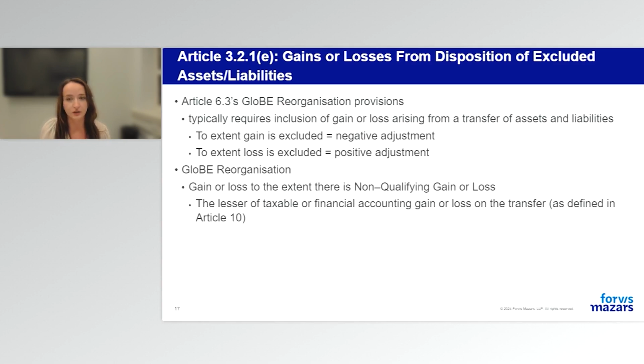However, financial accounting rules adjust for intergroup transactions to ensure that these sales do not affect the group's consolidated income. The GloBE reorganization provisions generally require that gains and losses from an asset transfer should be included in the GloBE income or loss. To adjust for these exclusions, we need to make a negative adjustment for an excluded gain and a positive adjustment for an excluded loss.